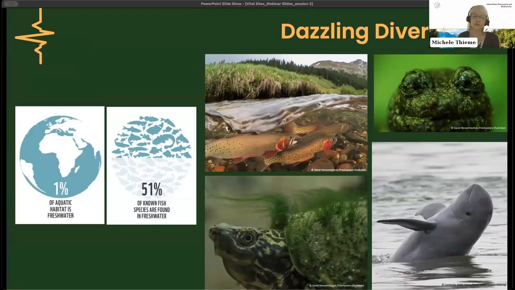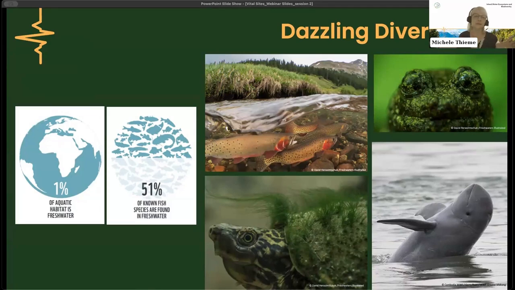So we know that freshwater ecosystems cover a really tiny proportion of the Earth's surface. Around 1 to 2% is covered by freshwater ecosystems. And yet, that really small part of the planet hosts a dazzling diversity of life.